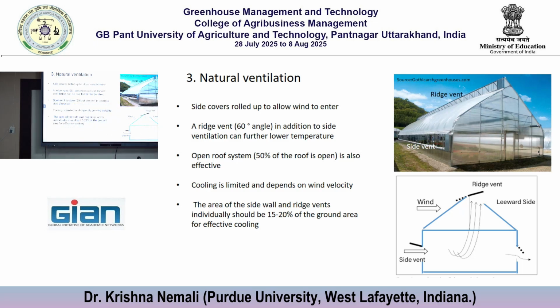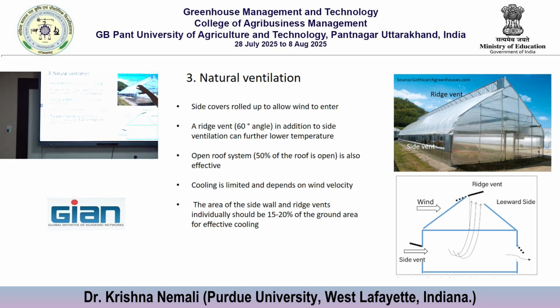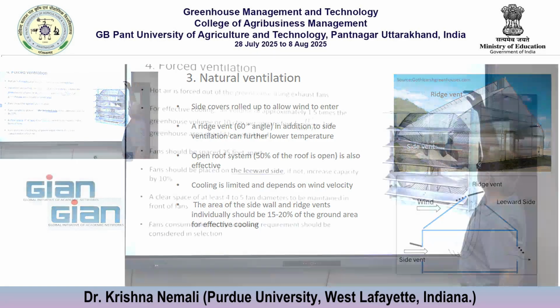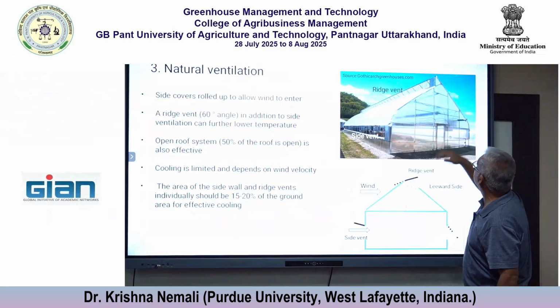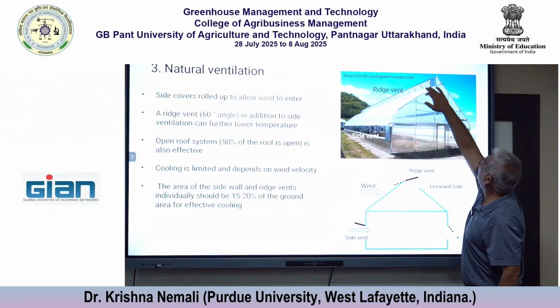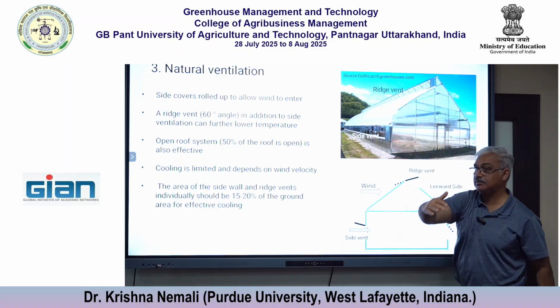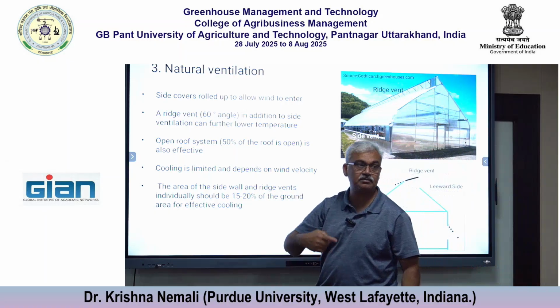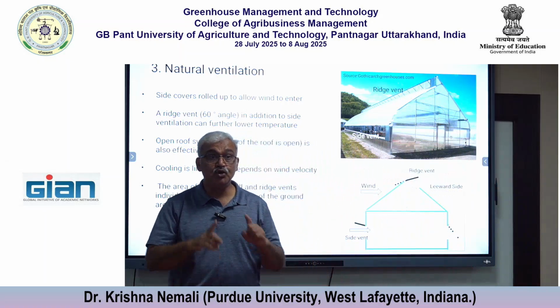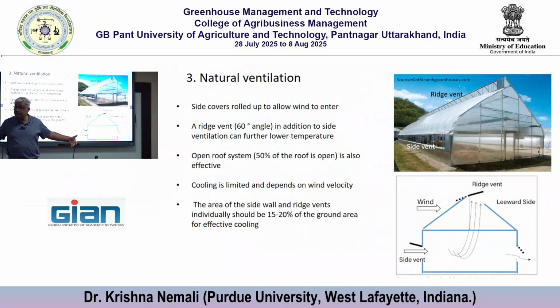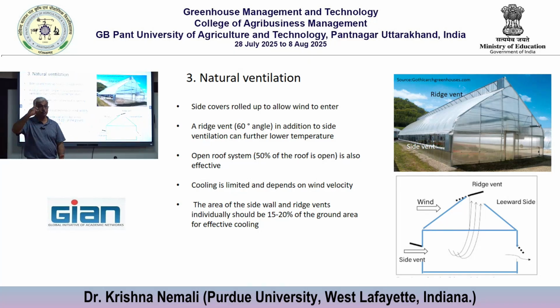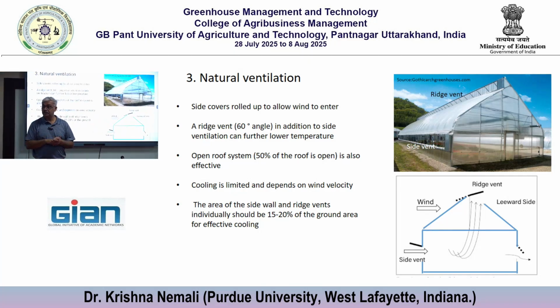So as the wind is blowing like this, the hot air is in here, and it creates high pressure on this side and low pressure on this side. Because of the low pressure, the hot air comes outside. That's a natural mechanism. So you need not just the side ventilation, but you should also put ridge ventilation. Two of them, important. But there are certain considerations here, very important.